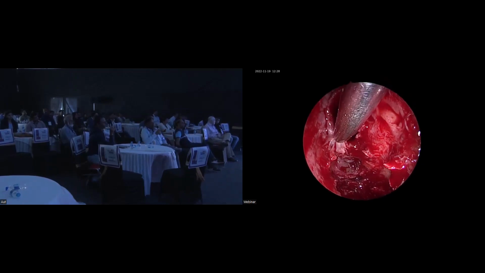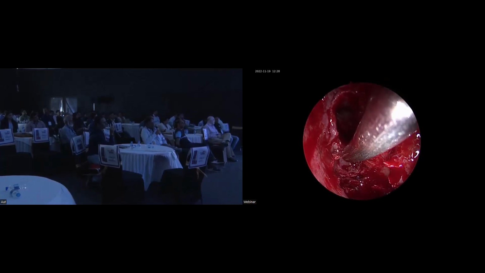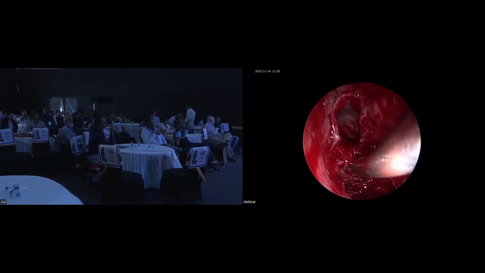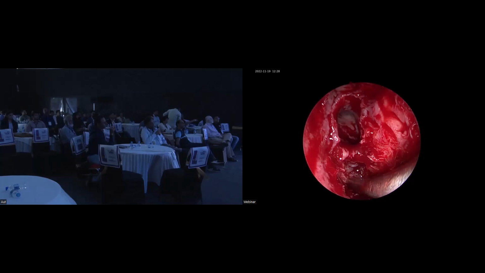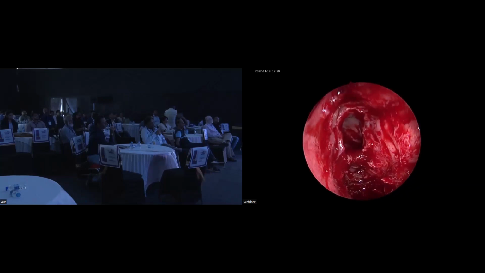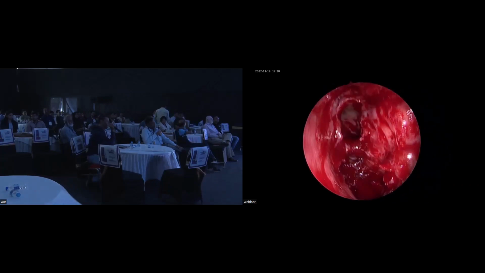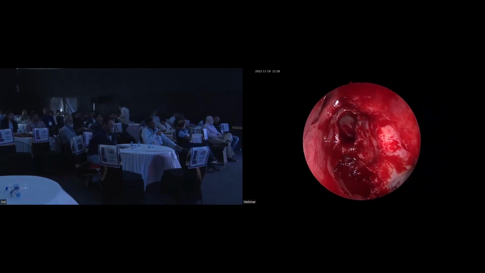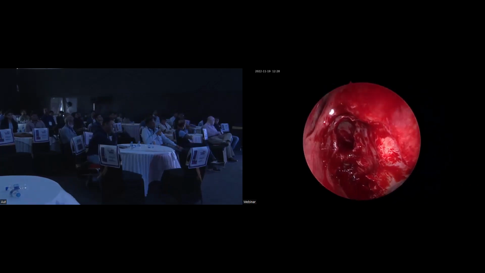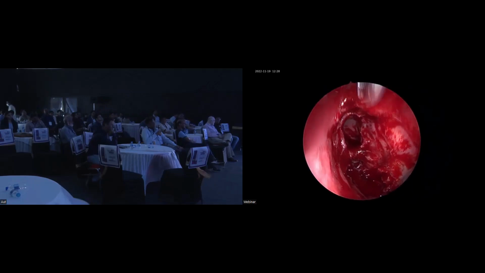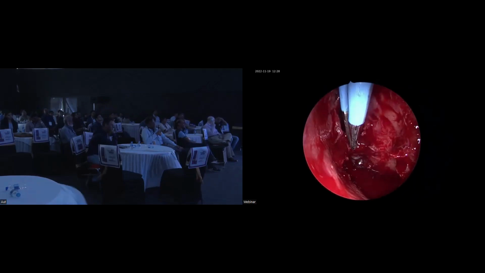Can I have the bipolar cautery, please? Here's the bipolar switch. Okay, it's there on the left side. So there is little bleeding.